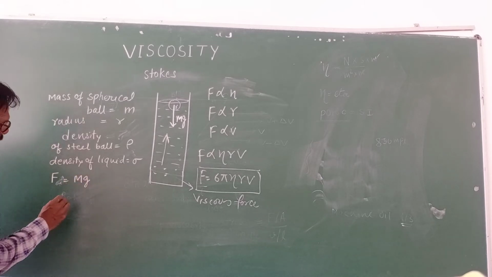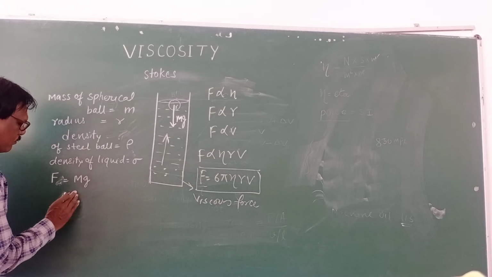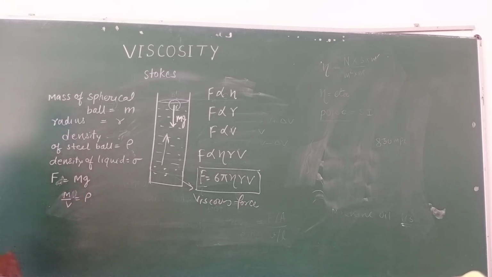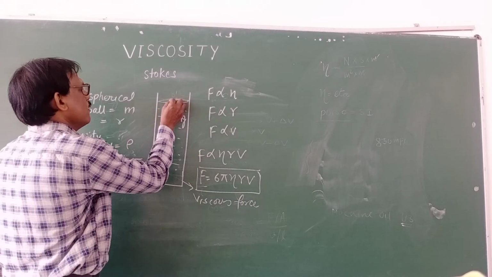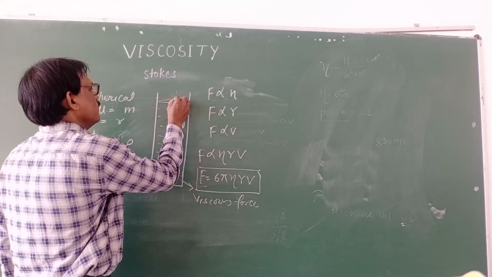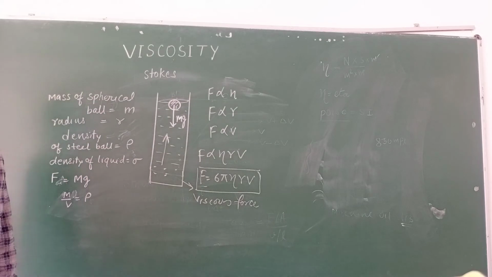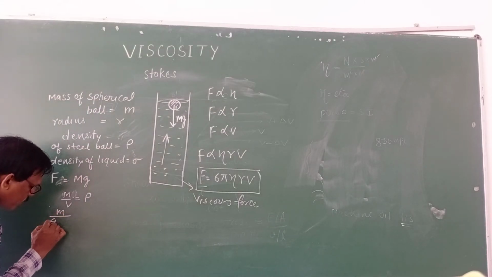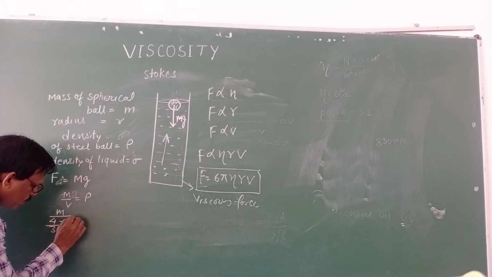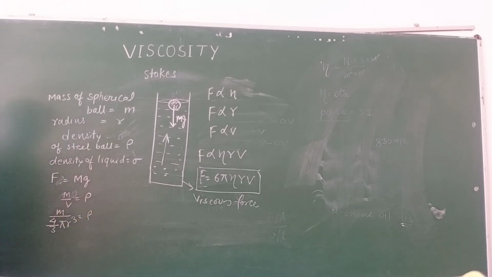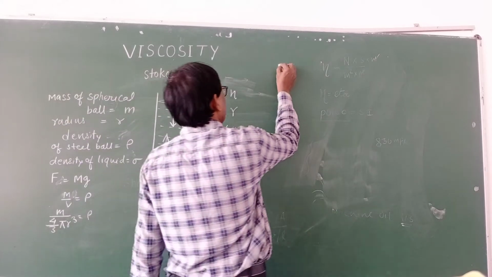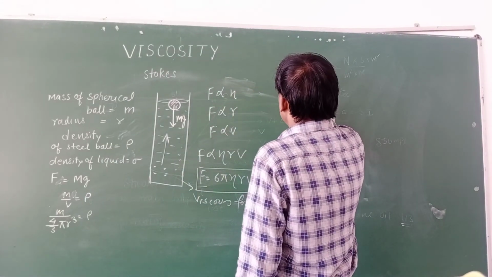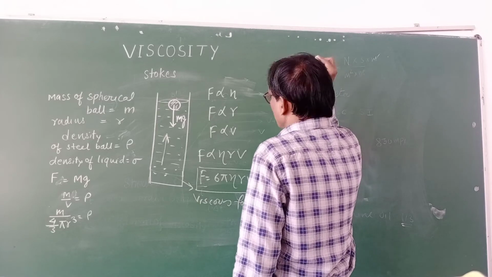But we know mass upon volume equals density. Since the ball is spherical, the volume of the ball will be 4 by 3 pi r cube. Ultimately, m will be 4 by 3 pi r cube rho.